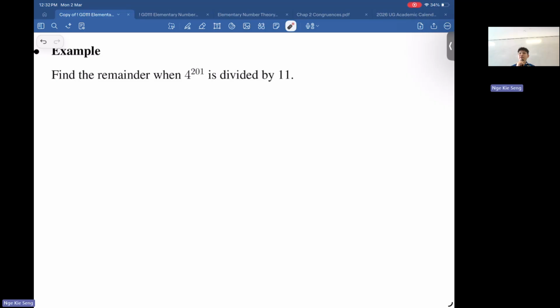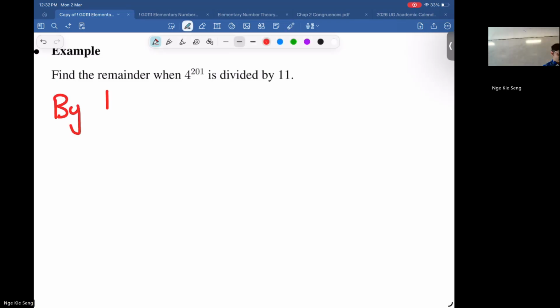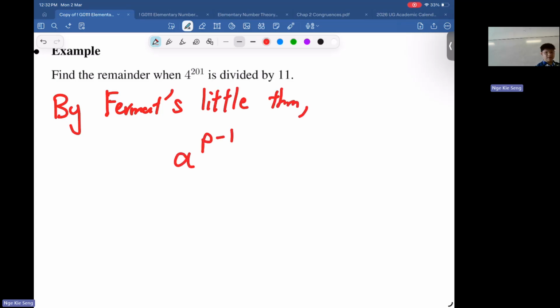Okay, so does Fermat's little theorem work for a smaller power? If I want to apply Fermat's theorem here, what does Fermat's little theorem say? You need A to the P minus 1 congruent to 1 mod P. So in our case, the P should be 11, right?